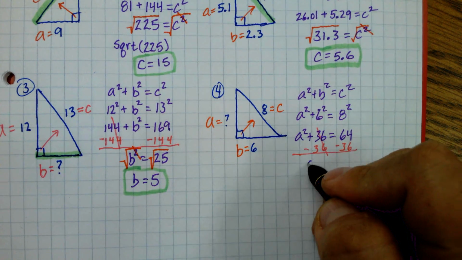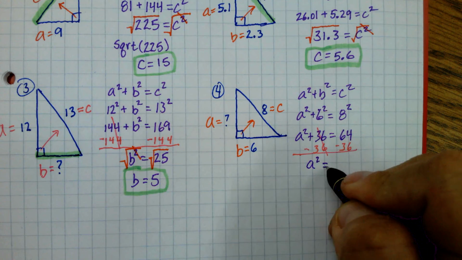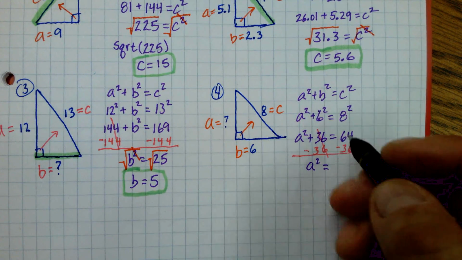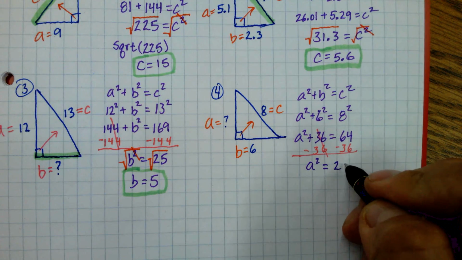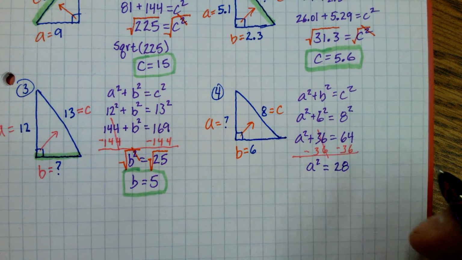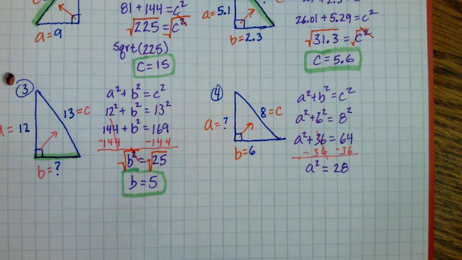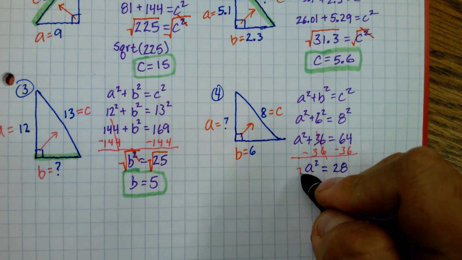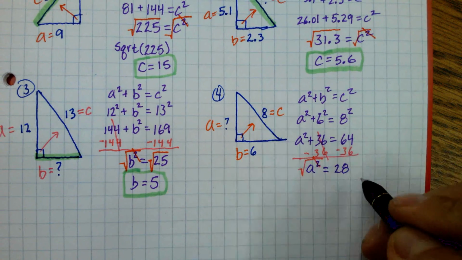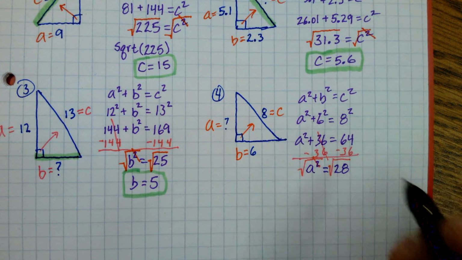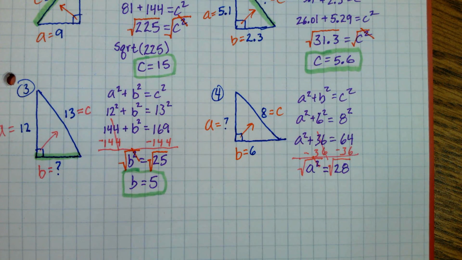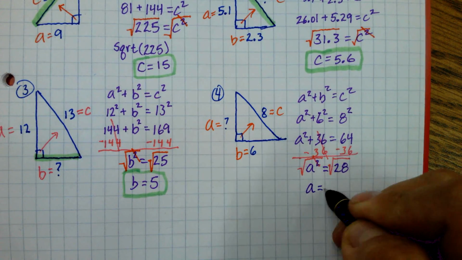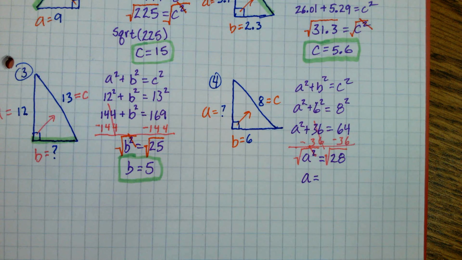And so A squared is equal to, what's that? 28. Okay, this one's not going to be a perfect square, obviously, because if I take the square root to figure out what A is, we're going to get something, well, not scary.